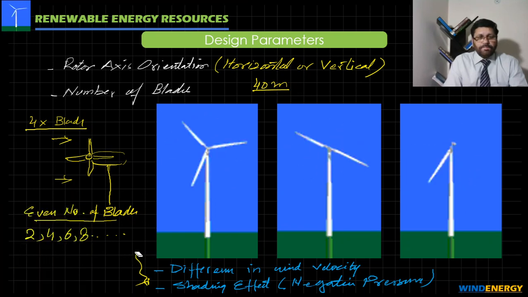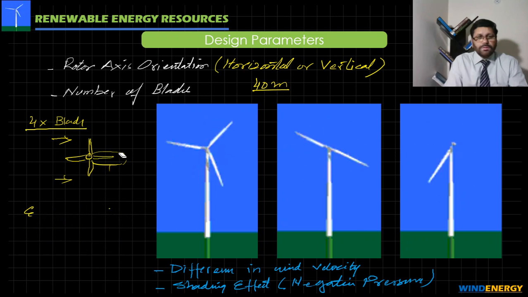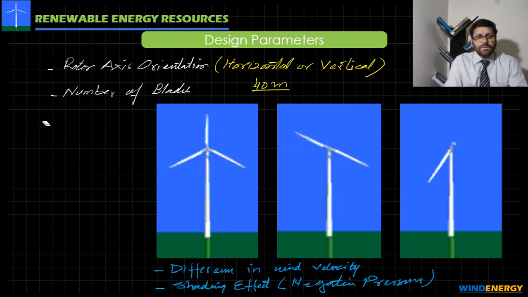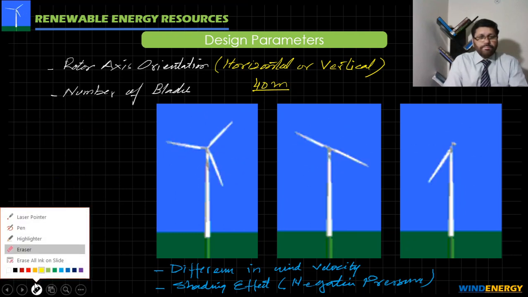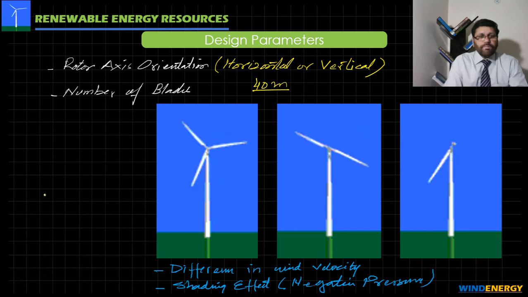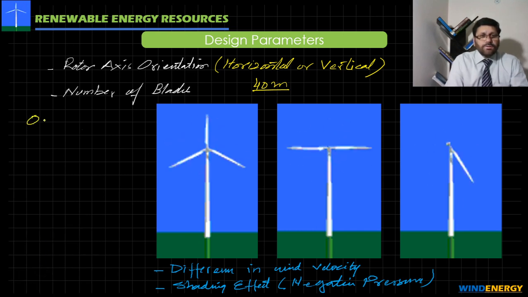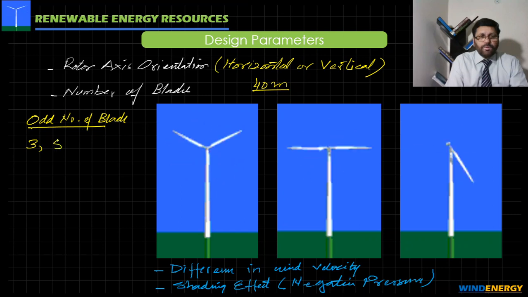Now see the odd number of blade turbines, let's say 3, 5, 7 and so on. Now these are considered suitable.